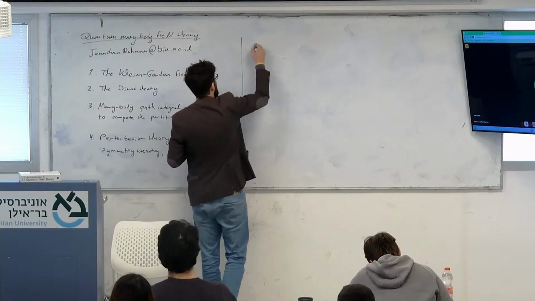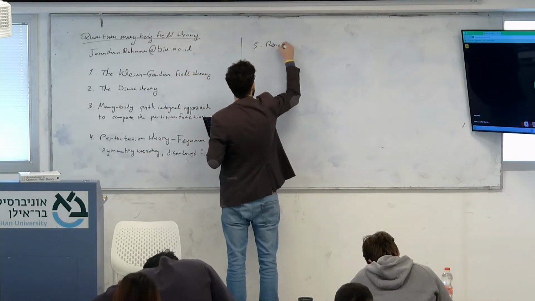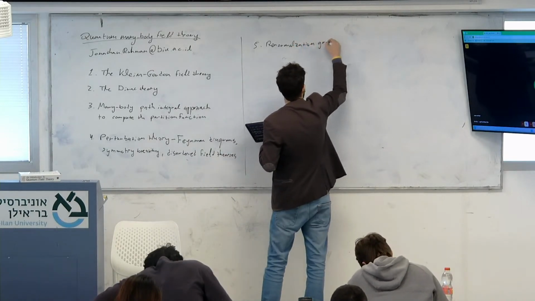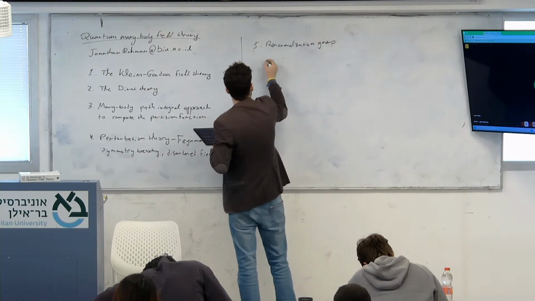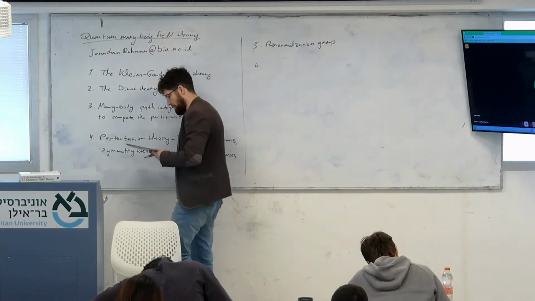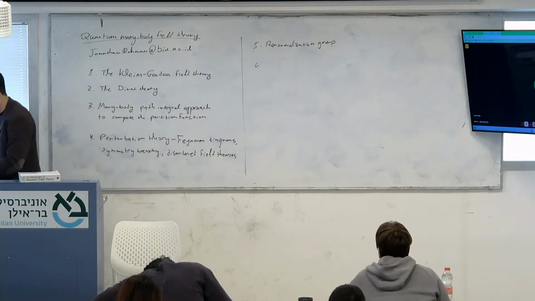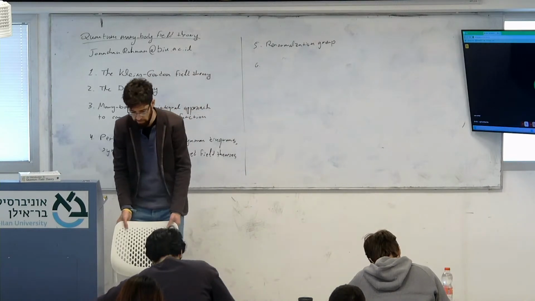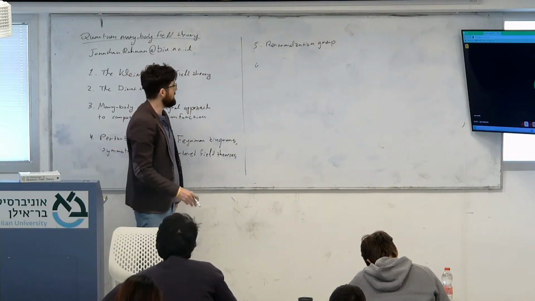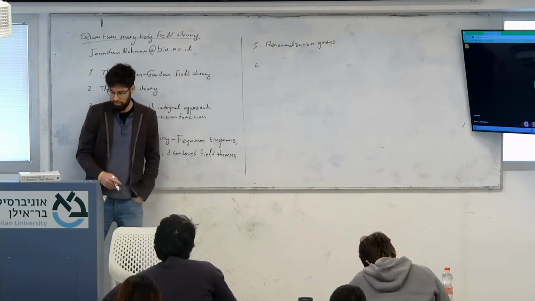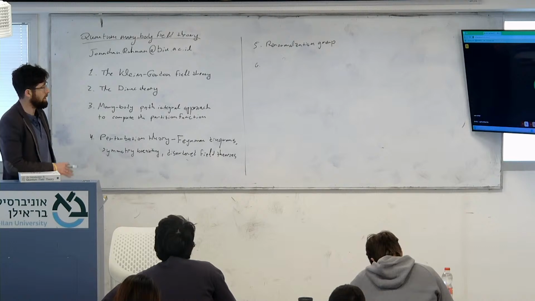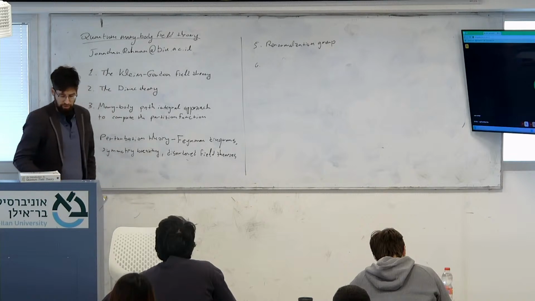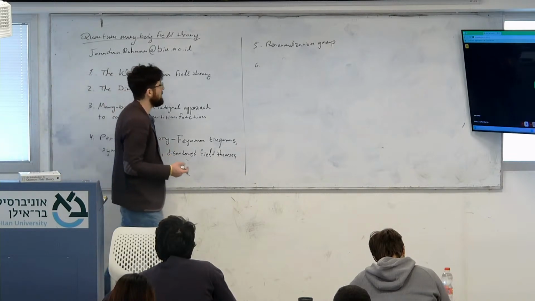Then topic 5 is going to be the renormalization group. Renormalization group is a classic example of something that I'm going to teach you as rules of thumb, the way I understand it, but when it's done properly with gauge invariance and all that, it's done much more rigorously, and I don't know how to do that.